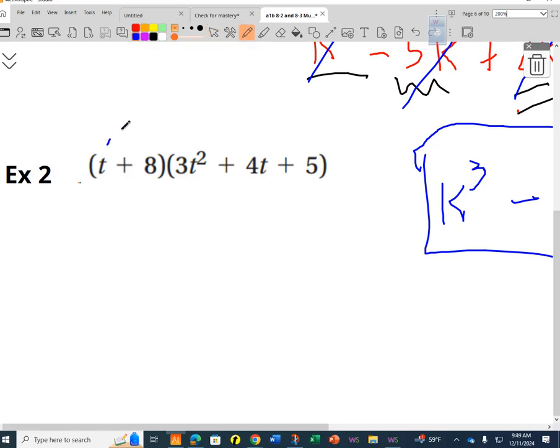So we're going to distribute the t, everything in here. All right, what's t times 3t squared?